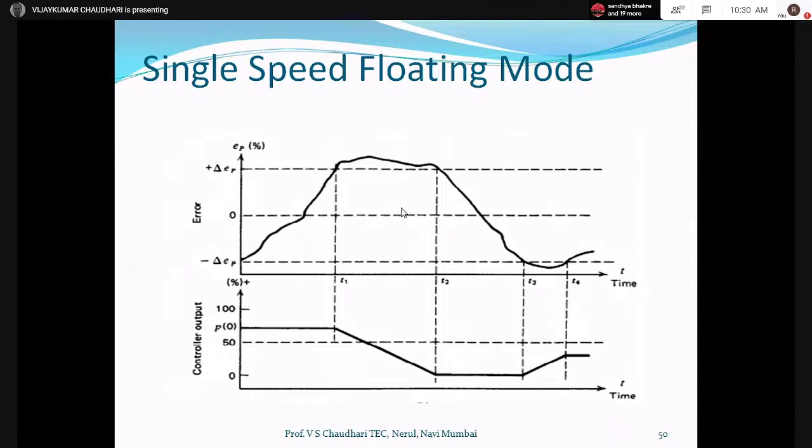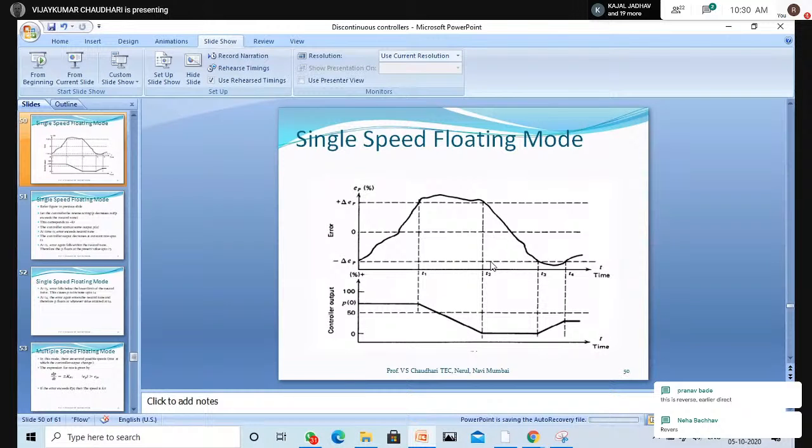Is it referring to a direct action or reverse action controller? What are the characteristics of direct action and reverse action? We have discussed direct and reverse action.